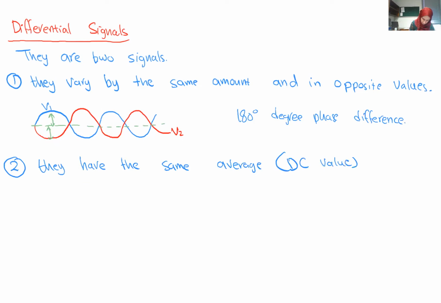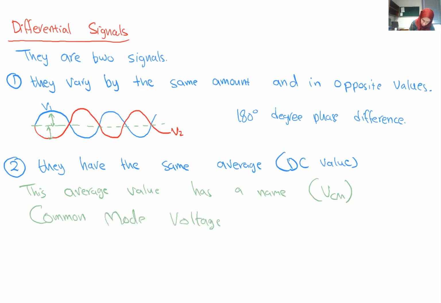This average value has a name: the common mode voltage, which I just showed you here in the green. So this is called VCM. So they are moving up and down with the same amplitudes around this common mode voltage or the DC voltage in the middle of them.